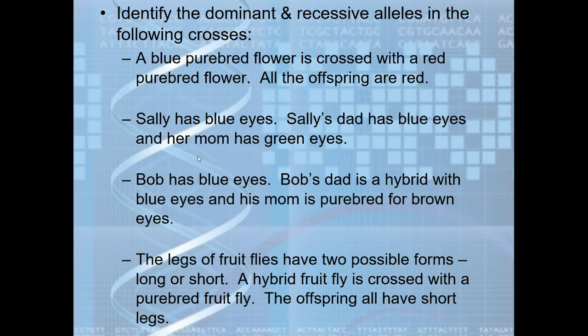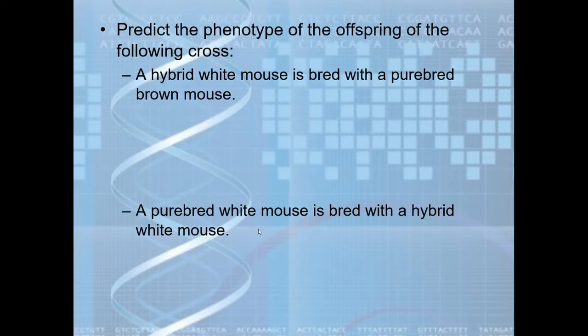Sally has blue eyes, Sally's dad has blue eyes, and her mom has green eyes. Which one will be the dominant? You can just read the rest of them. Predict the phenotype of the offspring of the following cross. A hybrid mouse is bred with a purebred brown mouse.